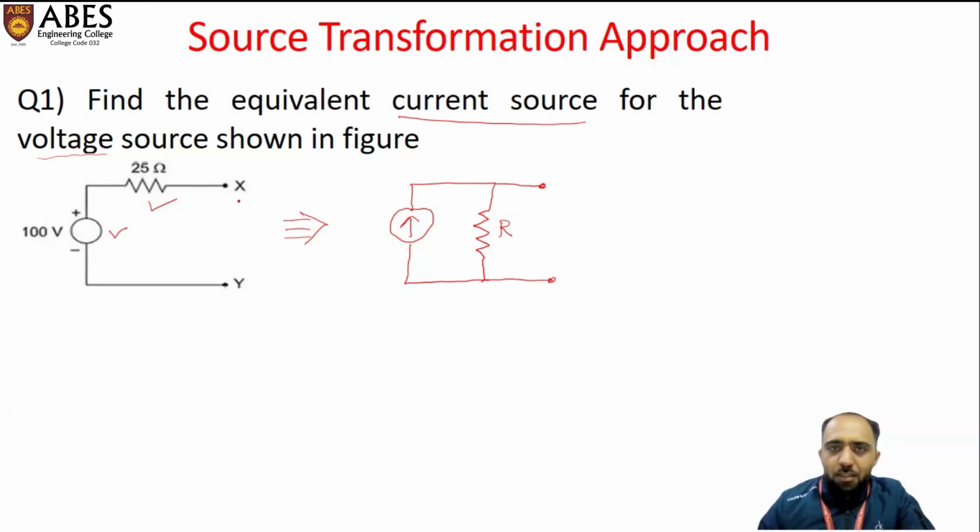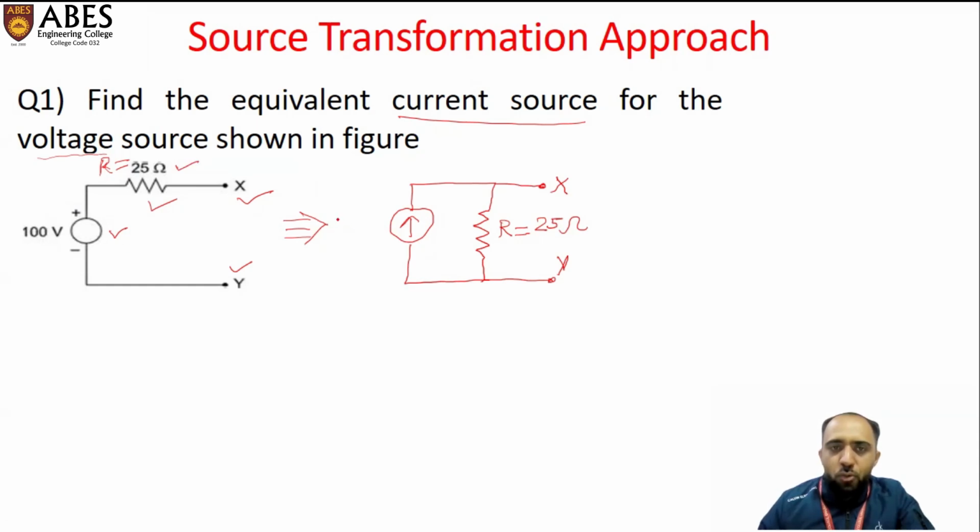So let's look at the question, the terminal X and Y. Keep that terminal X and Y as it is. What is the value of resistance? Resistance R is equals to 25. So while converting practical voltage source to practical current source, you need to keep the resistance same. R is equals to 25 ohm as same as this one.